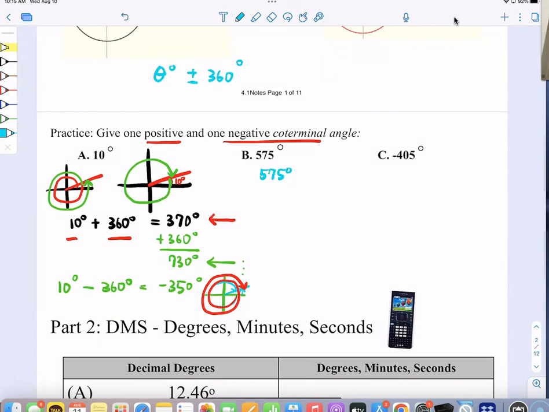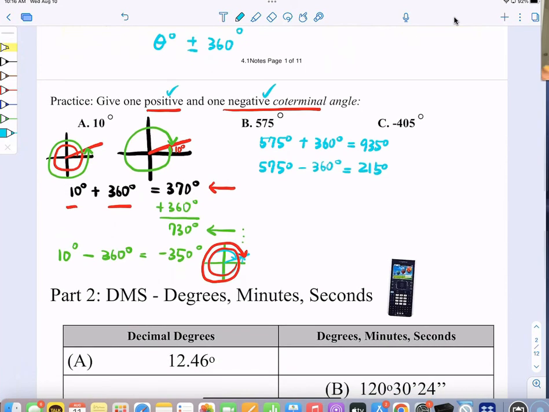Maybe some of you guys just added and subtracted, and that's okay too. So I'm going to go plus 360, or I'm going to go 575 minus 360. But I think some of you guys have noticed that when you added 360, you got something like 935. When you subtracted 360, you got 215. So have you fulfilled the request?